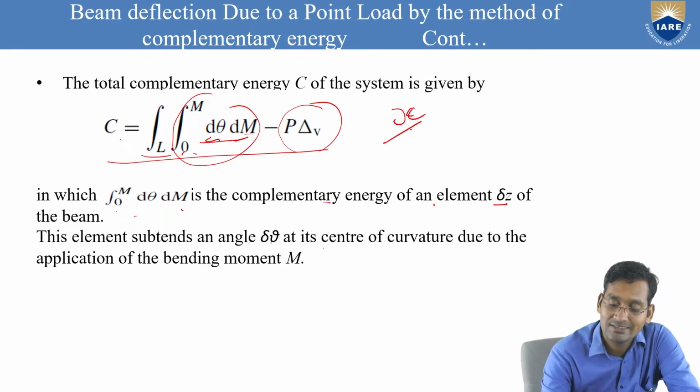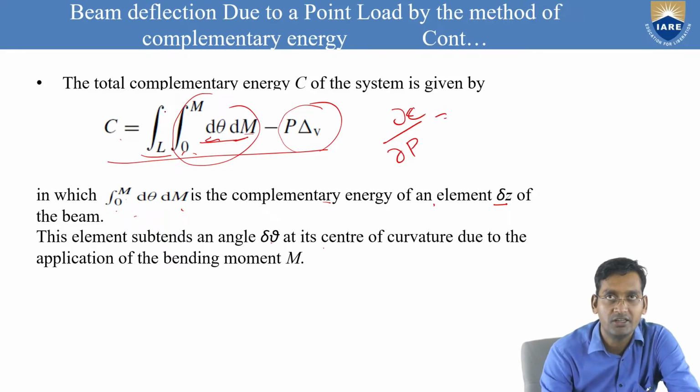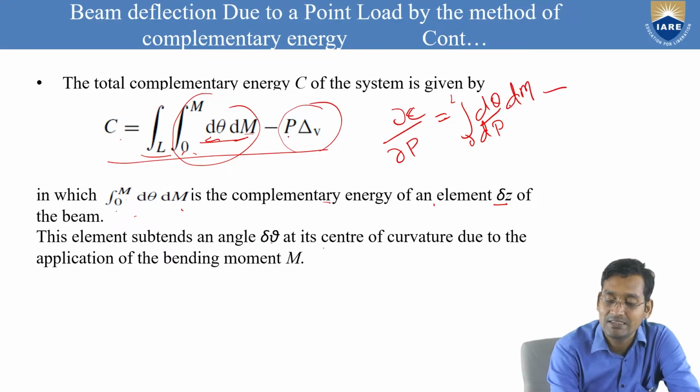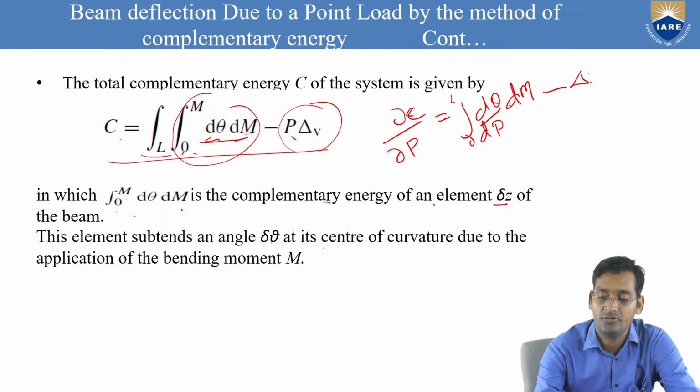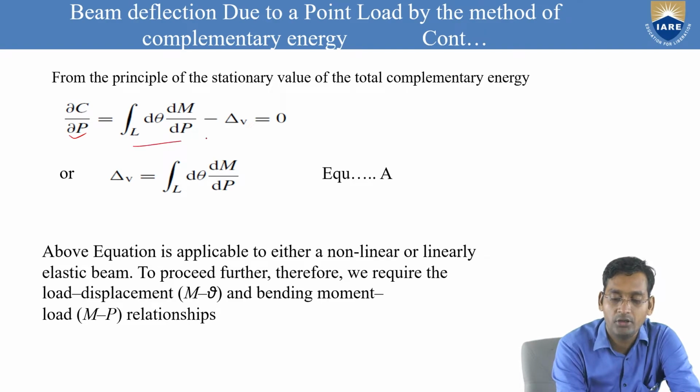So dou C by dou P will be what? One derivative will get cancelled. Then this will be the integral from 0 to L of dou theta by dou P into dou M, minus P cancelled, delta V, the deflection. So we got that here.